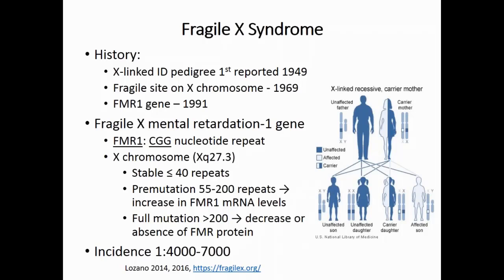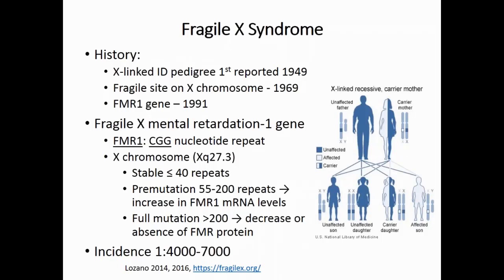This leads to a silencing of transcription and a deficiency or absence of the encoded protein, which is called Fragile X mental retardation protein, or FMRP. This protein regulates the translation of many mRNAs involved in synaptic plasticity.